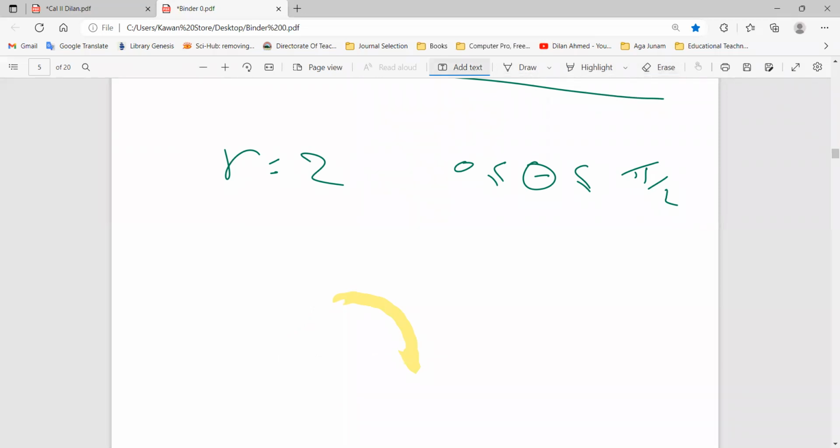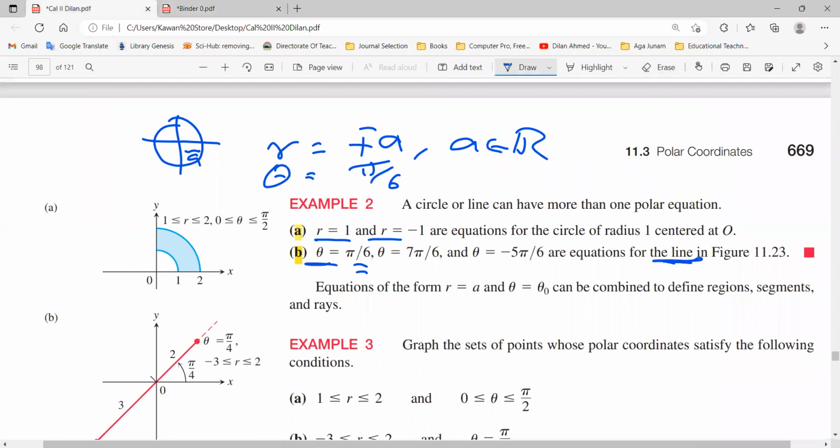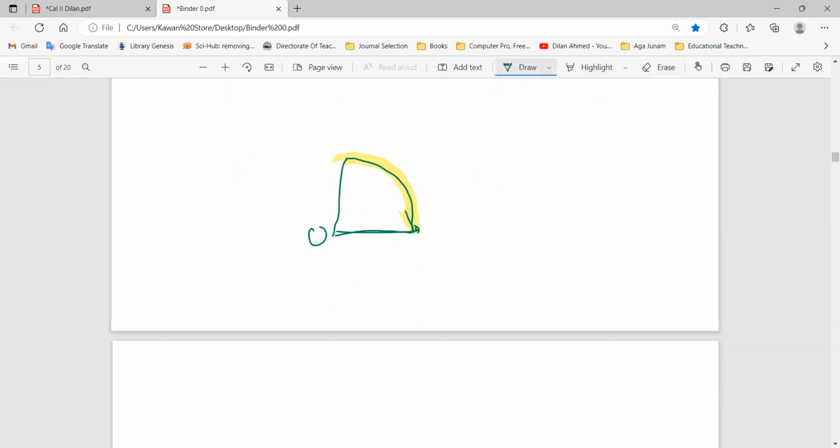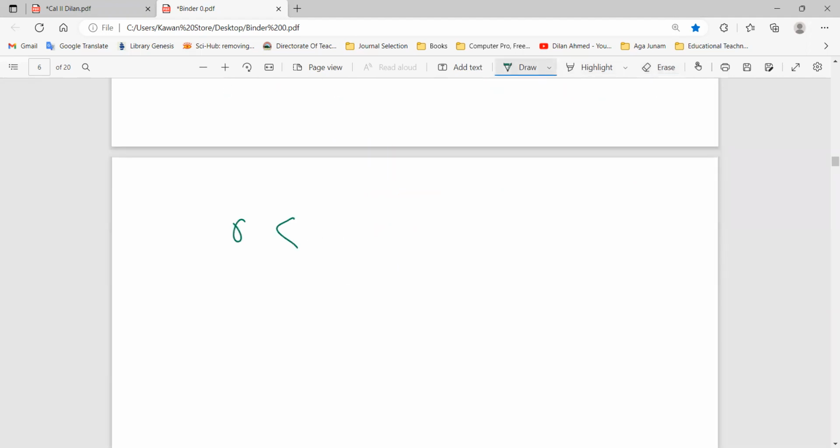Just this is your origin and x-axis, so that will be your graph, like a slice of pizza, just like that, nothing else. How about if I say r between 2 and 3?